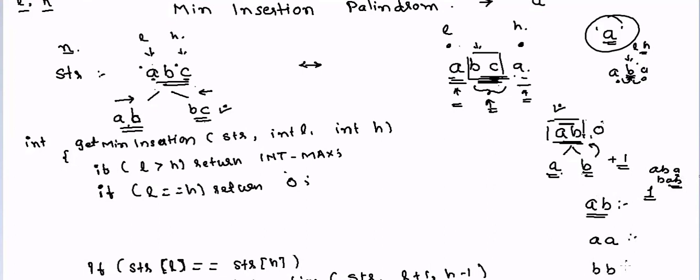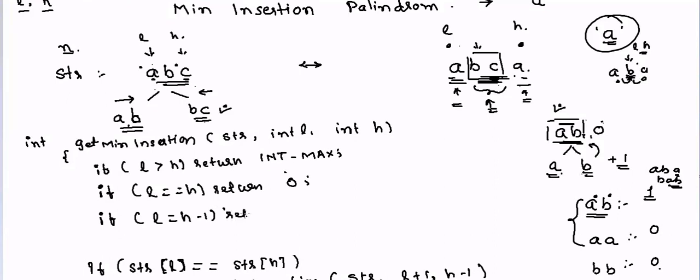And if they both are matching, AA and BB, that means we need to insert 0 characters. So that's why one condition will be written something like this: if L equal to H minus 1, which is just one step behind, that means when there are only 2 characters, we'll check if string of L and H are matching or not.